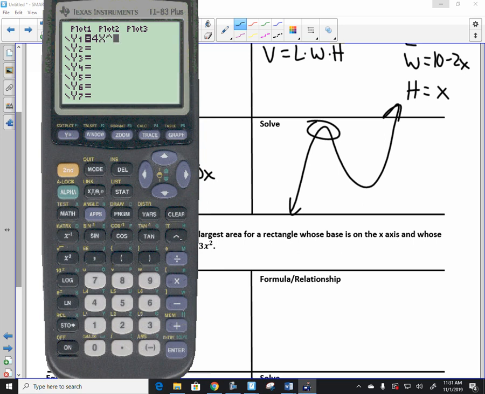4x raised to the third minus 56x squared plus 180x. Zoom 6. Uh-oh. You see, we're almost ready to answer the problem. But we got to be smarter than the calculator, folks.